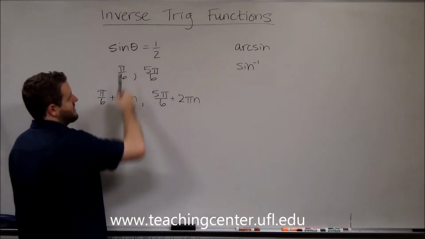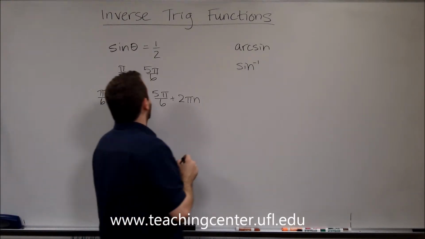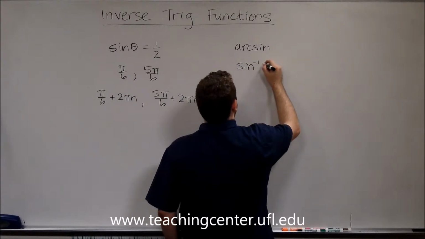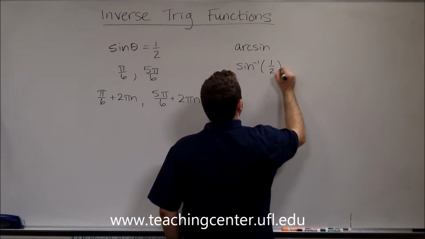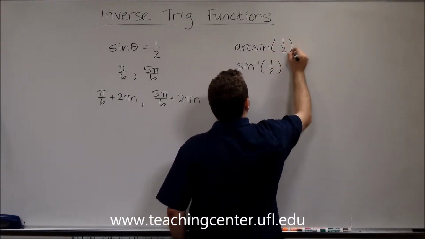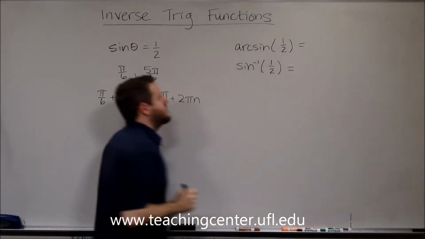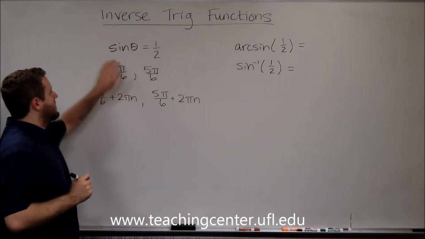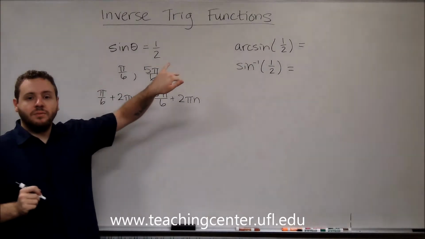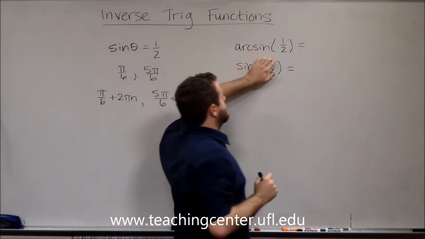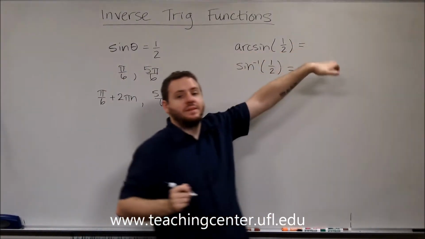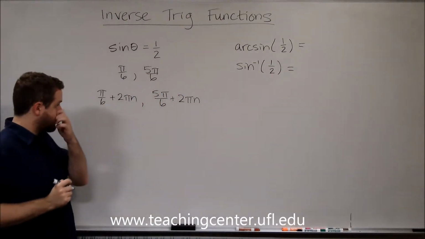So if we're going to use the same example, arcsine of 1/2. Another way you can think about this is saying sine of what angle is equal to 1/2. This is essentially saying the same thing. The arcsine of 1/2 is equal to that angle.